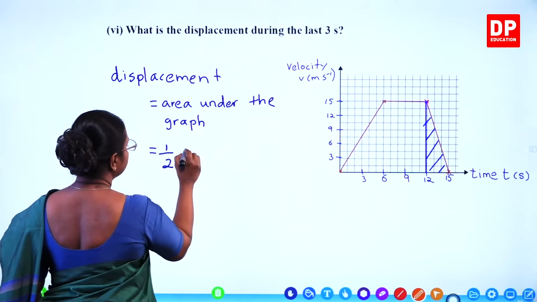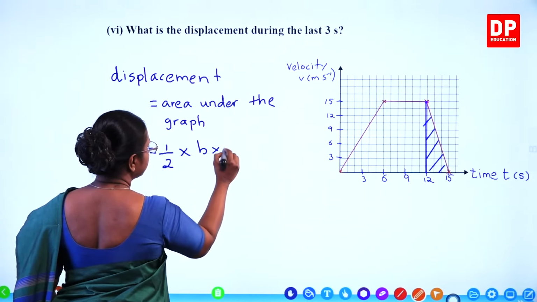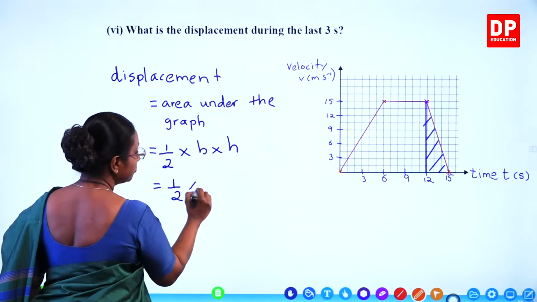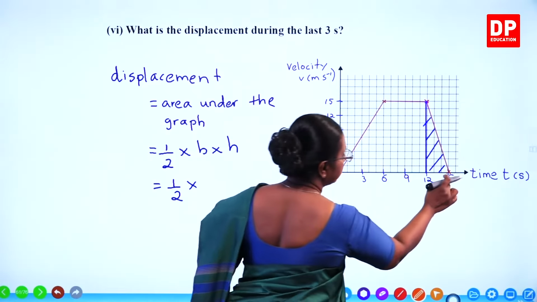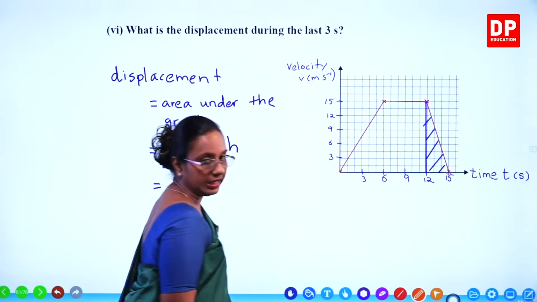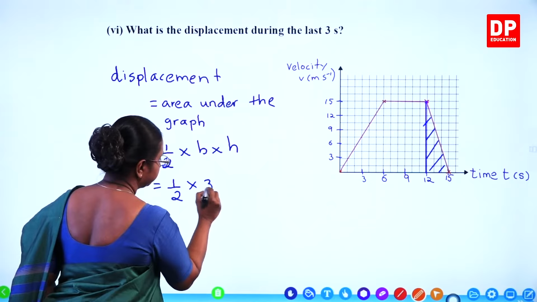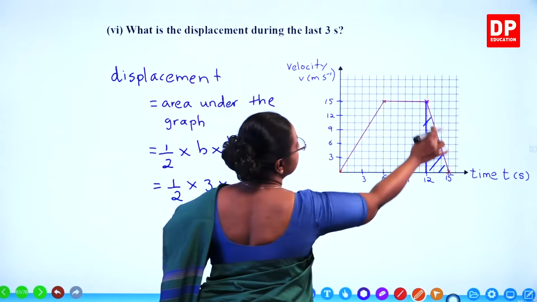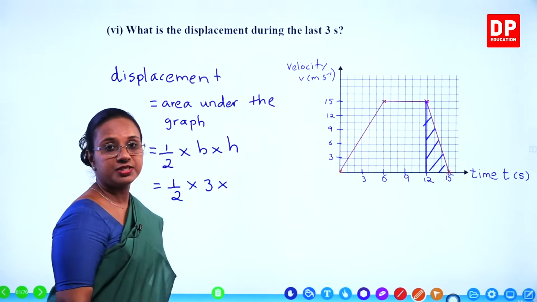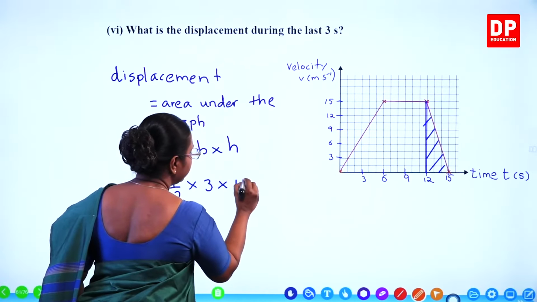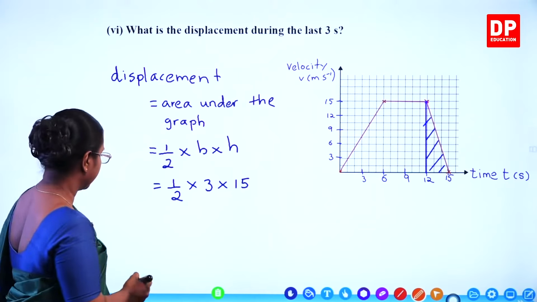Half into base into height. So that will be half into, the value of the base is 12 to 15. 15 minus 12 is 3. And the height is the maximum velocity that was there for the object, that is 15 meters per second.